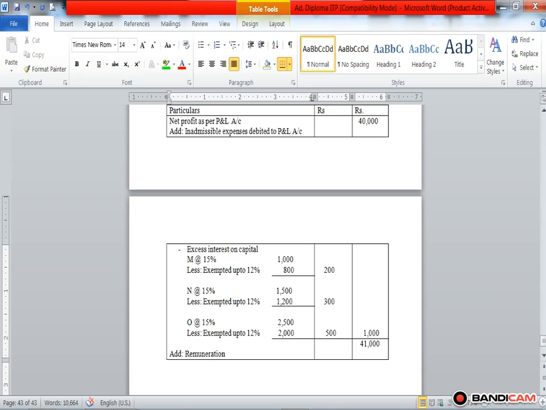Remuneration of partners, remuneration to partners, okay, is debited to the P and L account.